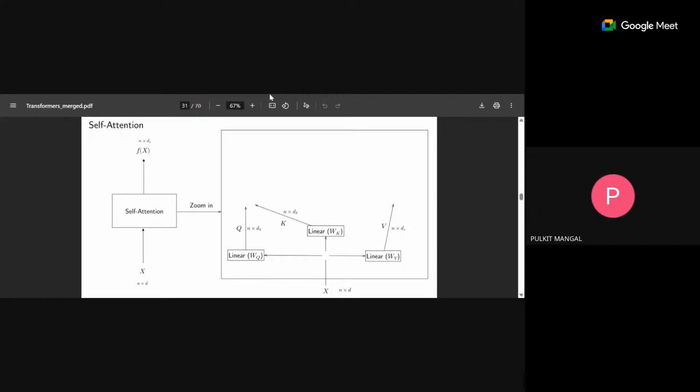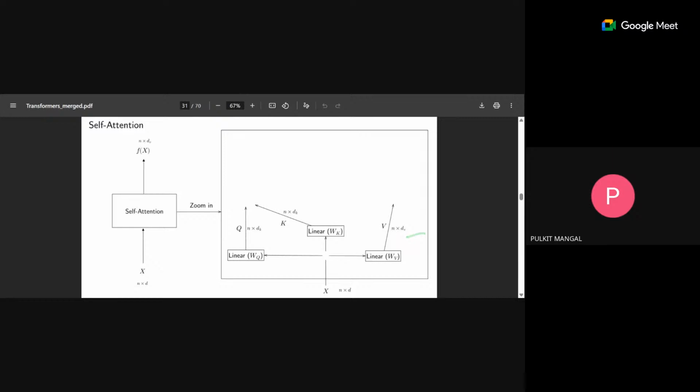Now the dimension: we keep the dimension of Q and K the same, and this has to be the same, only then can you do the dot product. So the output dimension of Q and K would be the same. V you can choose to be different, but most of the time we choose it to be the same as dk.